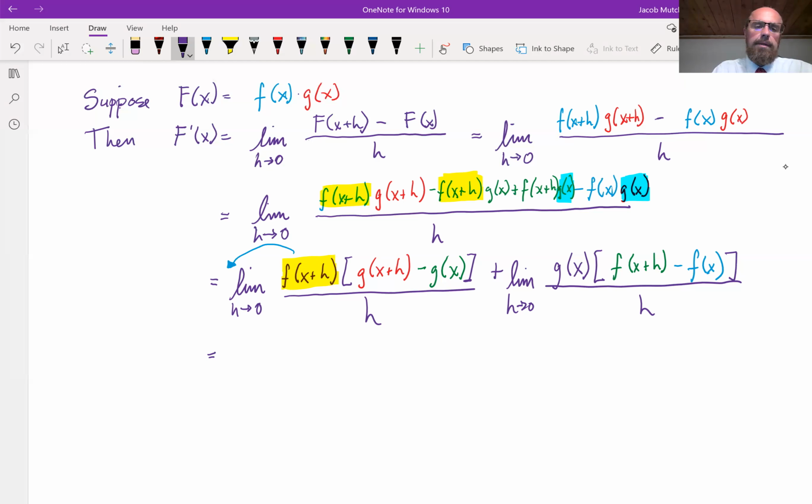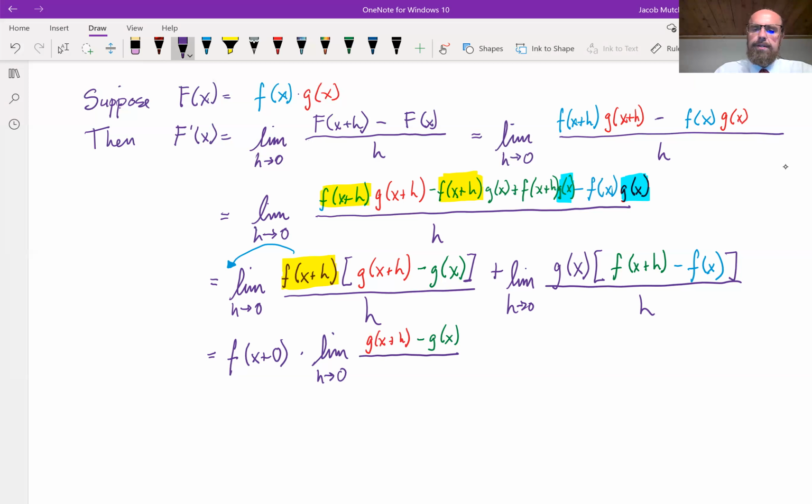So that becomes f at x plus 0. If I move it outside the limit, I have to apply the h is approaching 0. And that's okay because it's just going to be f of x. What's left there is the limit as h approaches 0 of g of x plus h minus g of x over h.